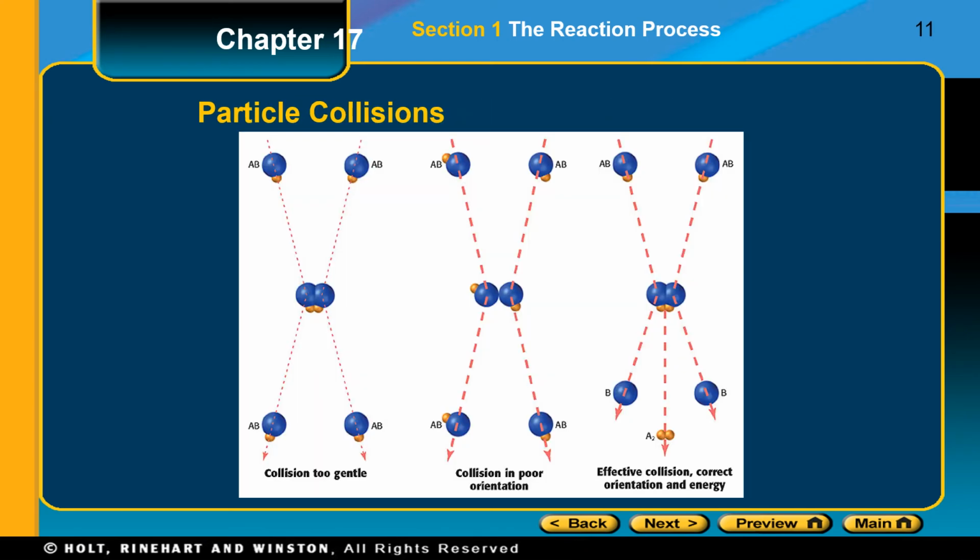So here is a picture that will help us better understand the concept of orientation. At the left, we have two molecules of AB, and the B is the bigger blue ball, and the A is the little orangey brown ball on the end.